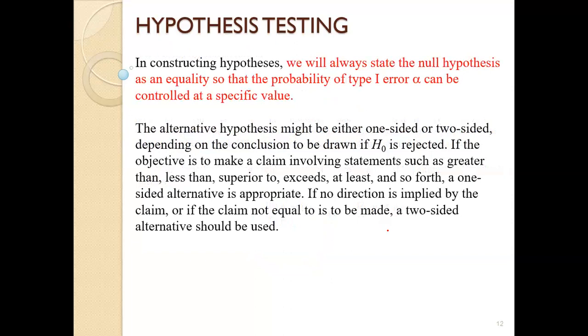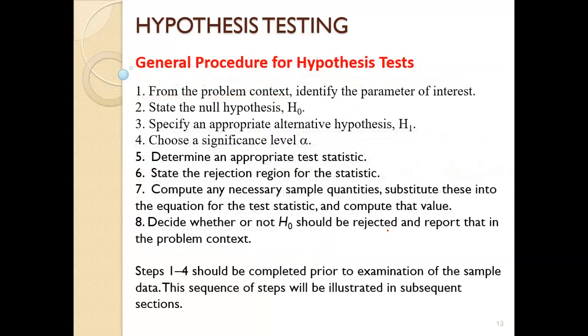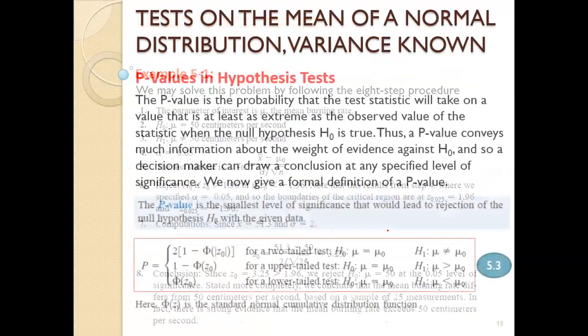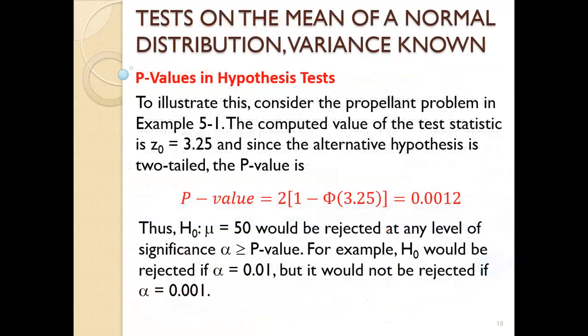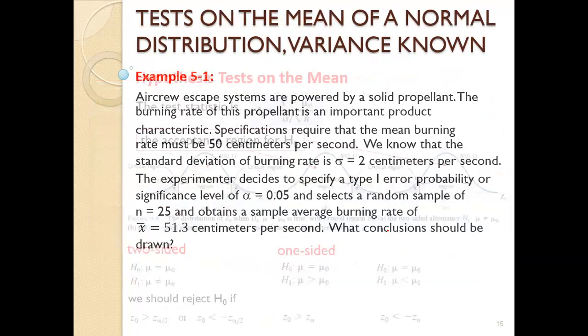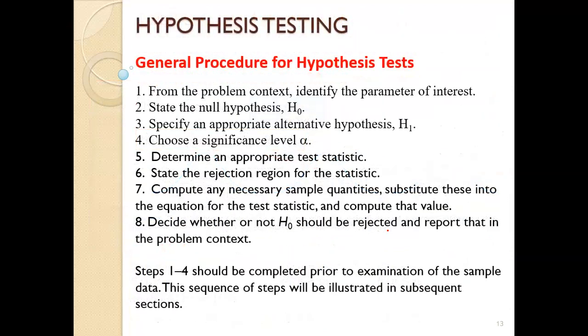Okay, I will show you the steps to make a hypothesis test. I will show you in the calculation and also in Minitab. For step 1, you have to identify which parameter you would like to test.